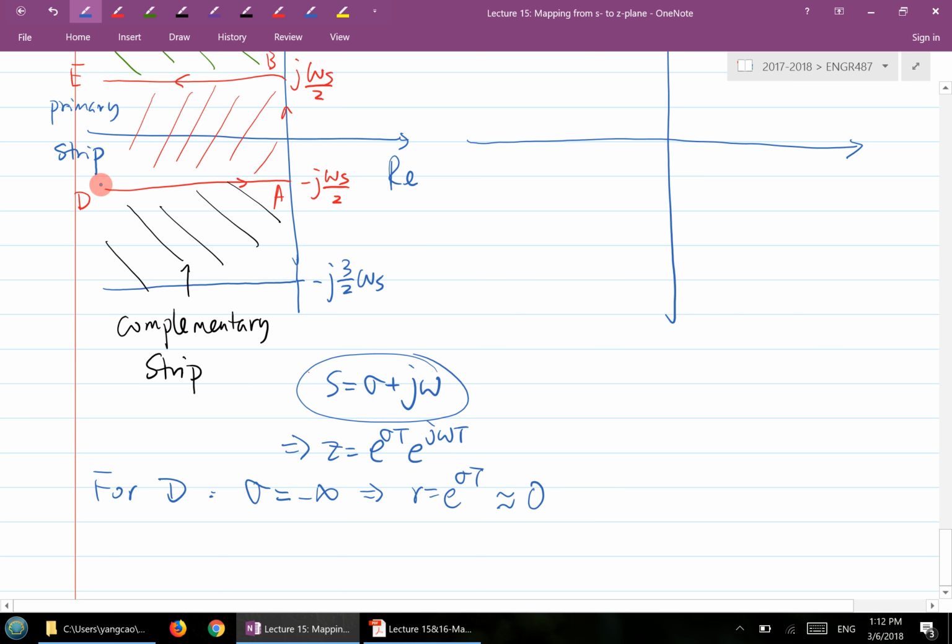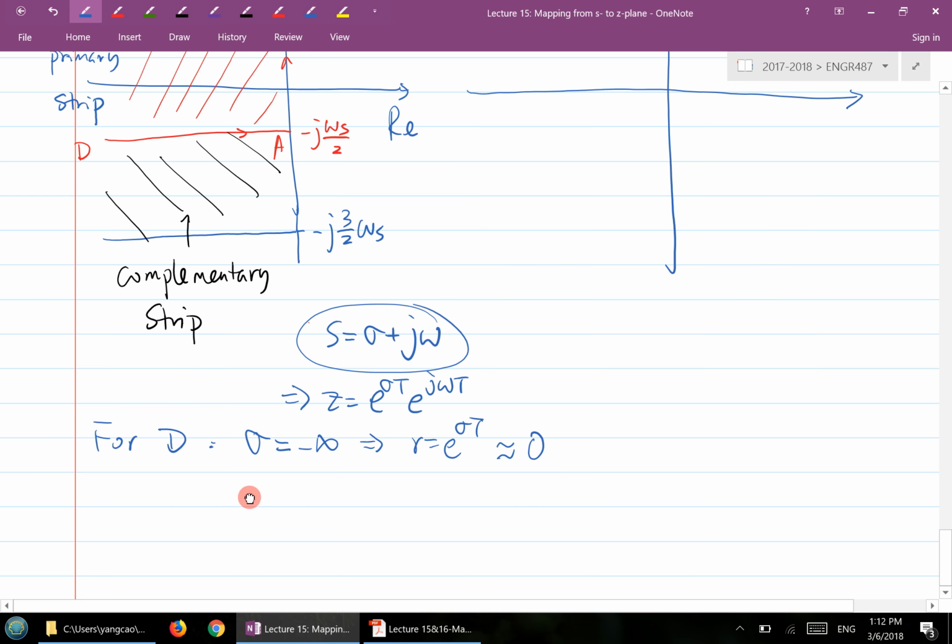And the D here corresponds to negative j omega s over 2. So when you have omega equal to negative omega s over 2, you substitute into omega T, which is theta. Capital T equals 2 pi over omega s.